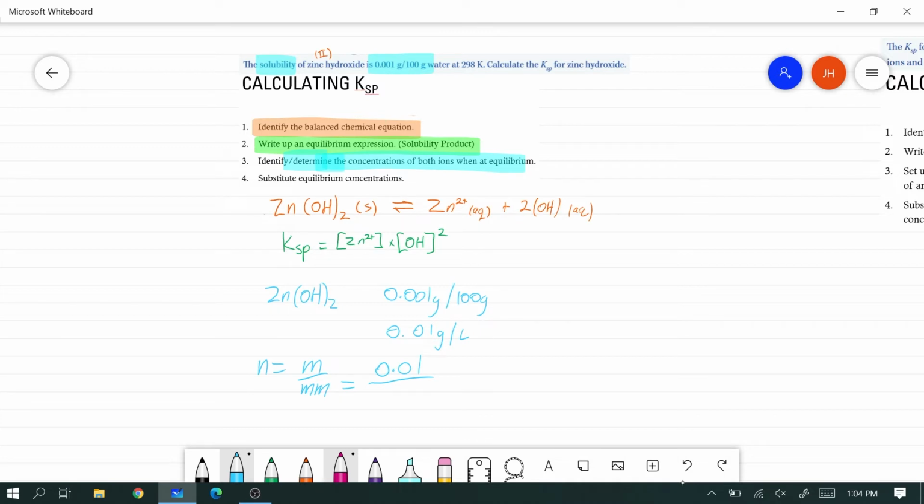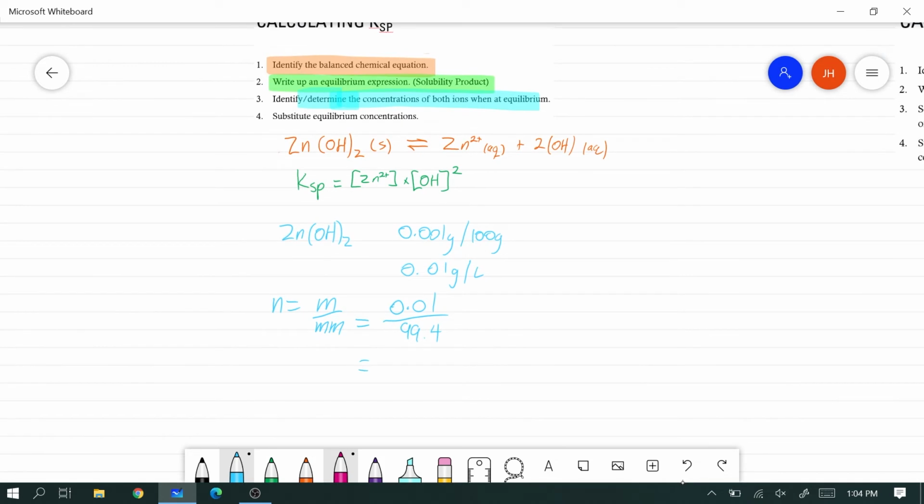That comes to 99.4 grams per mole, which is 1.01 times 10 to the -4 moles. And we can apply that to the concentration that we had up there. So if 0.01 grams is dissolved into a litre, that's equivalent to 1.01 times 10 to the -4 moles in a litre of solution.